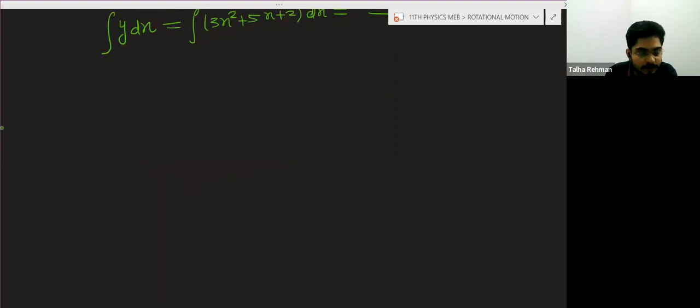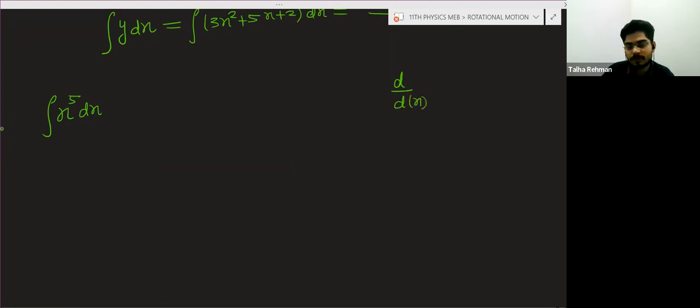Suppose it is written that you have to integrate x to the power 5 dx. If I want to just differentiate x to the power 5, this is dy by dx of x to the power 5, meaning differentiation of x to the power 5, and this is the integration of x to the power 5.